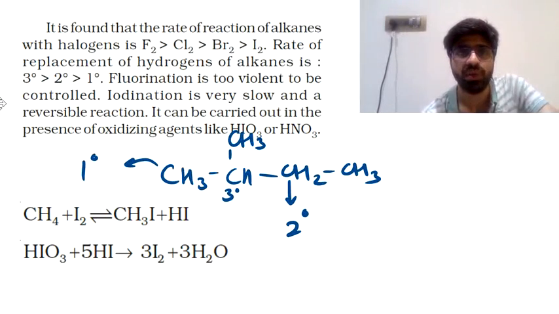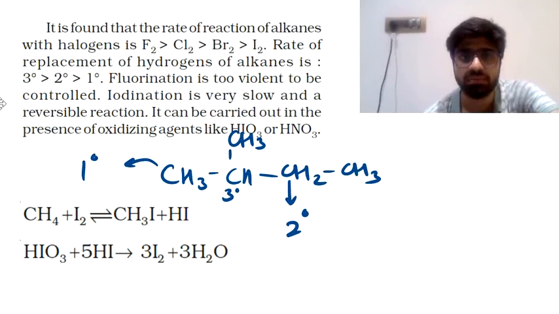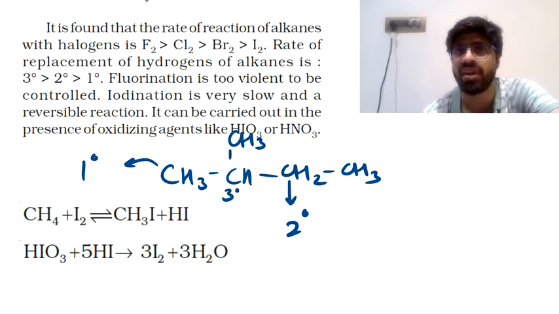The least efficient will be the primary hydrogen coming out. So ultimately this is another thing you should keep in mind, that the ease of hydrogen atoms coming out will be easiest for tertiary, a little slower or a little difficult for secondary, and the most difficult and the slowest for a primary hydrogen atom.